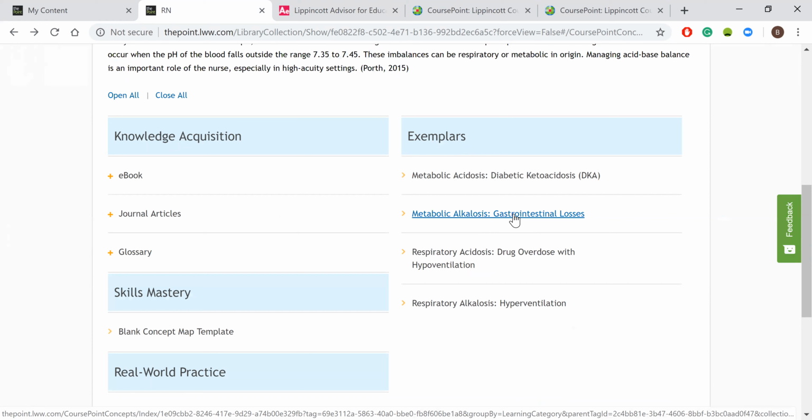Yay, nay, maybe. Yes. You're like, not this week. Respiratory would have to do with whether they're not ventilating or ventilating too much. And that would be for any of your concepts.